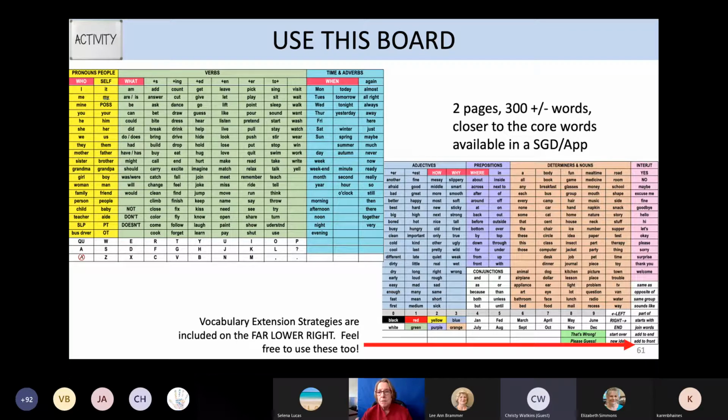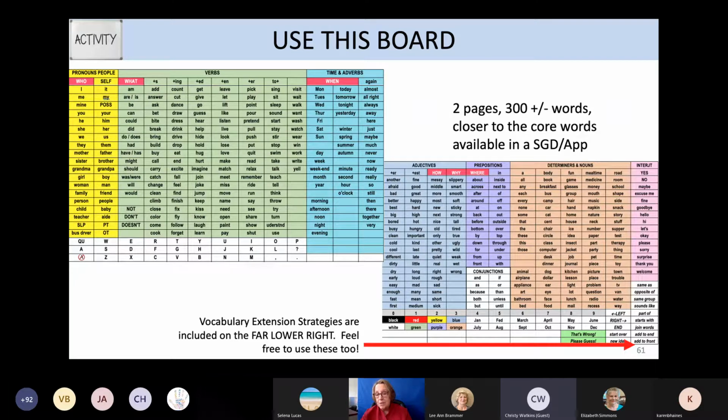This transcends every symbol set out there, and I wanted to give you a pretty robust vocabulary. 300 words. And you can see on that board, way off on the far lower right, are some vocabulary extension strategies. So this is a backup board for a couple of the adults that I work with who have really good AAC systems, speech generating devices, but they have multiple backup systems.